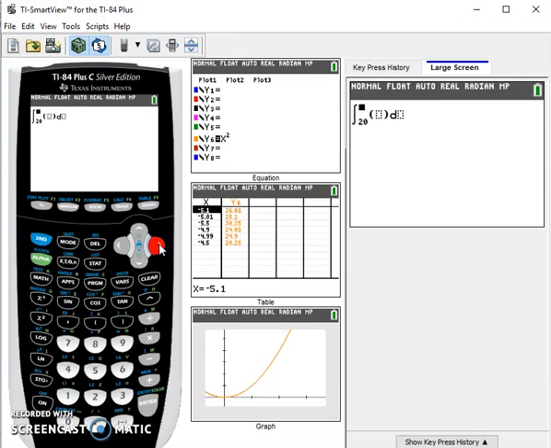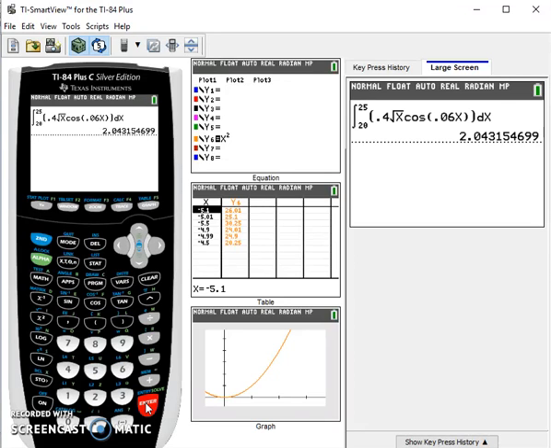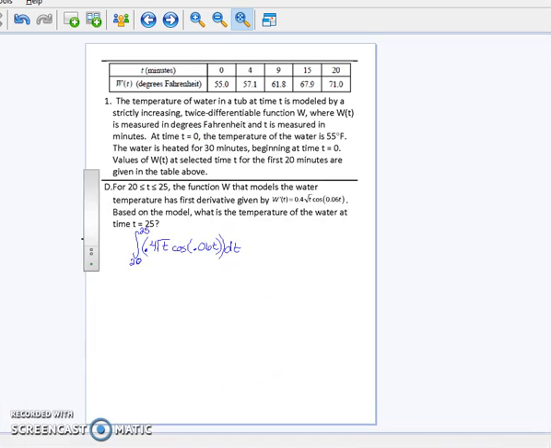From 20 to 25, and my function is 0.4 times the square root of x, times the cosine of 0.06x, close the parentheses on the cosine, and then put a dx. So maybe you messed up with where your parentheses were, maybe you weren't in radians, I don't know. But this is what you get when you calculate that, 2.043.